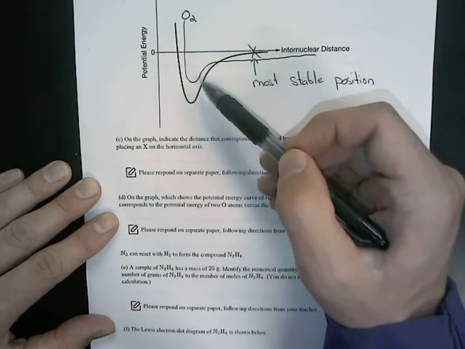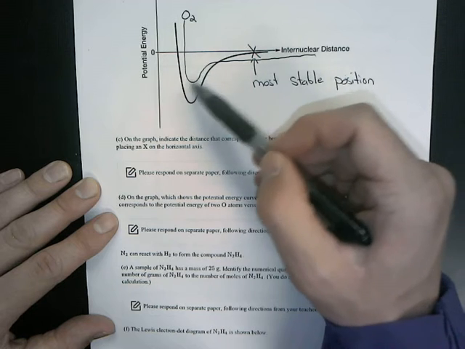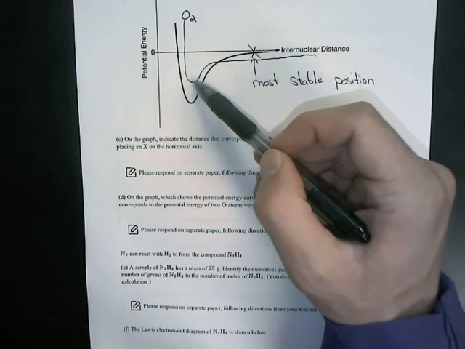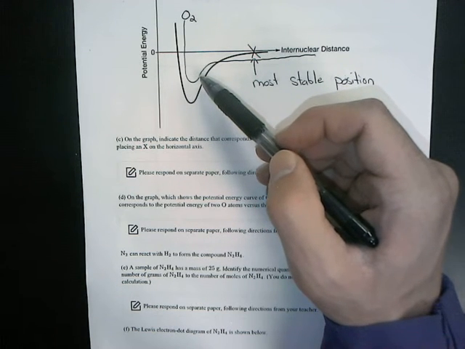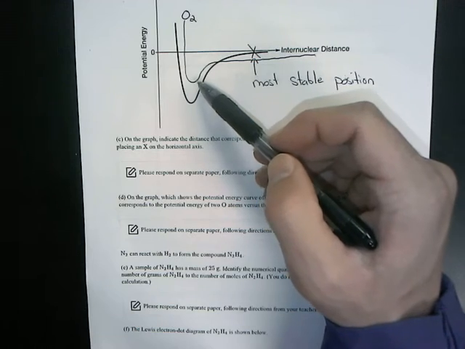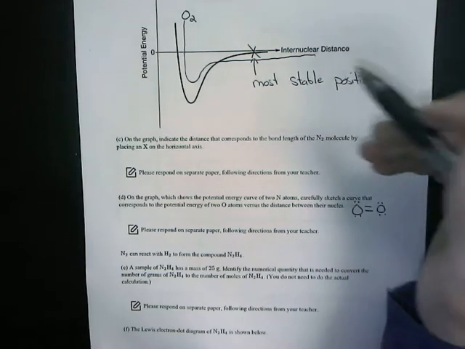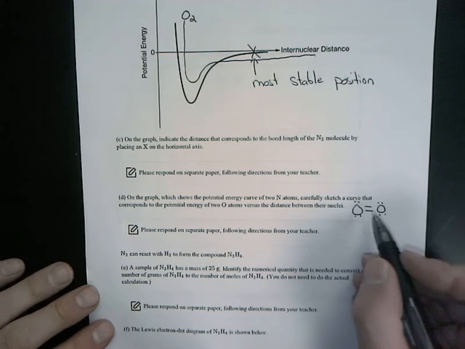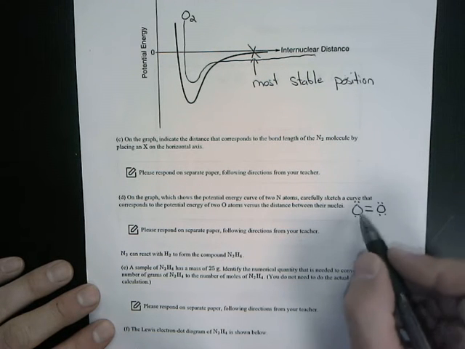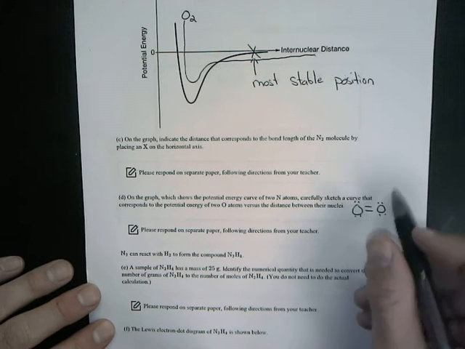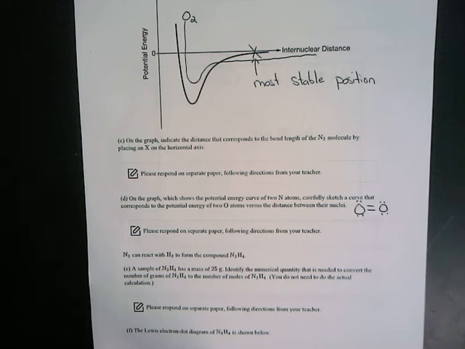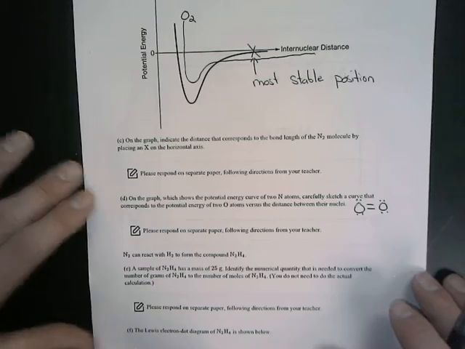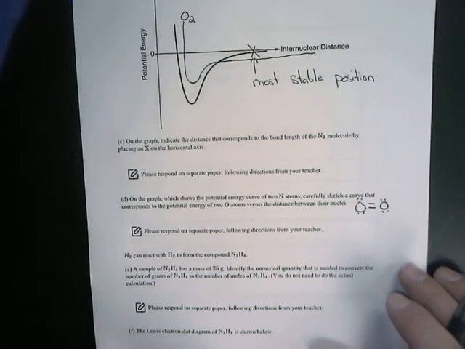One, the value of the curve here is lower because the energy of the double bond is lower than that of the nitrogen triple bond, but the distance is greater. So double bond here, less potential energy, and the bond distance compared to that of a triple bond or nitrogen is greater. All right, so we move on to part 1E.